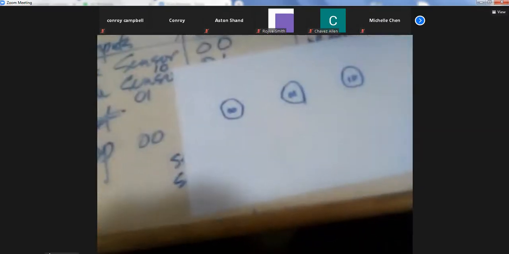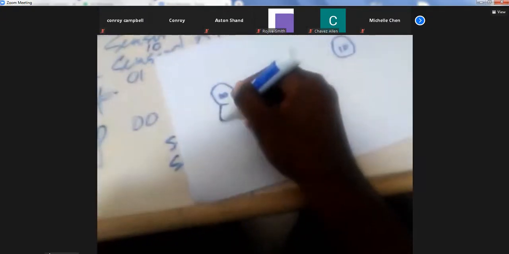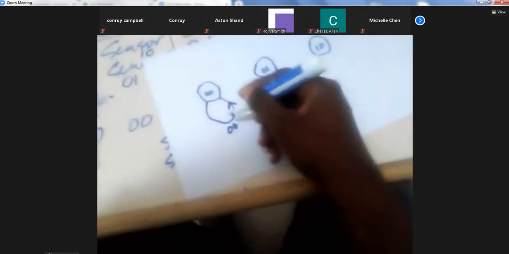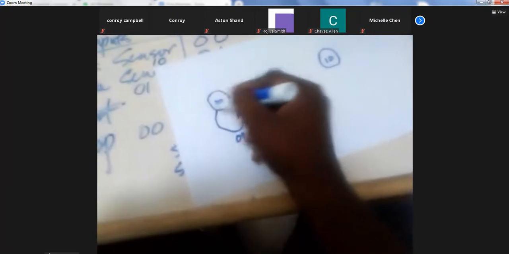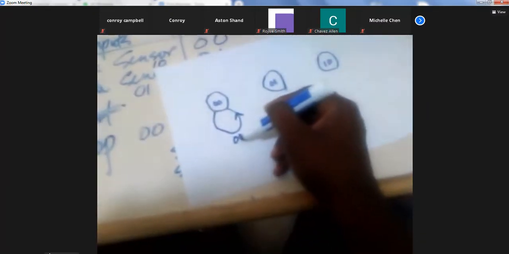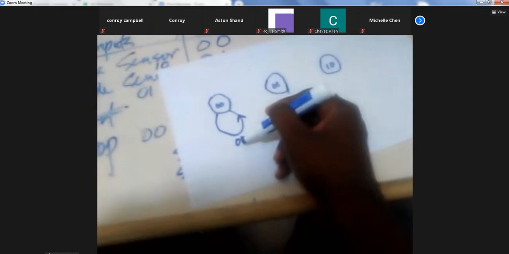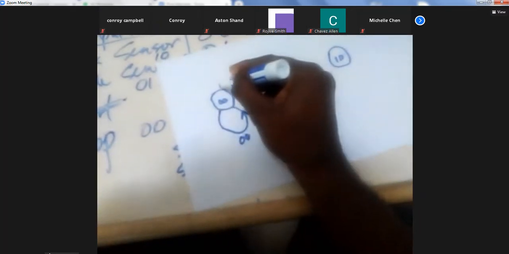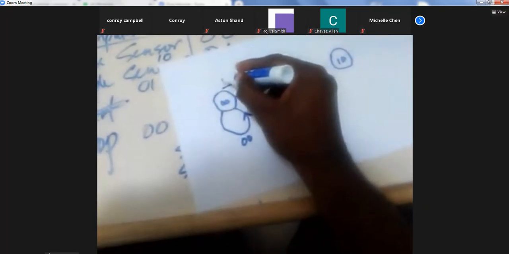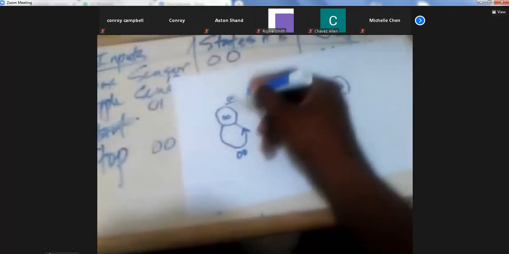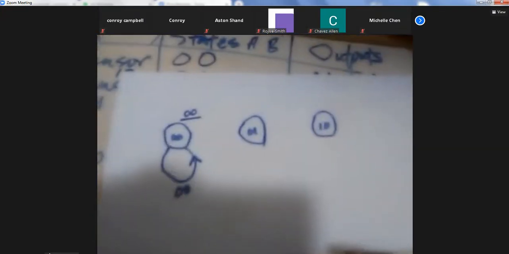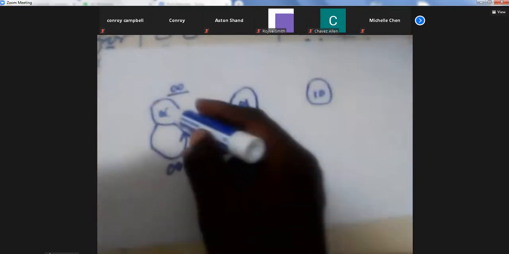It would stay. So I draw an arrow going back onto the state and put 0, 0 to indicate the switch: inside the circle is the state, outside the circle is the switch. Although we don't need to, you always put a line and say what the output is, but the output in our case is the same as the state.